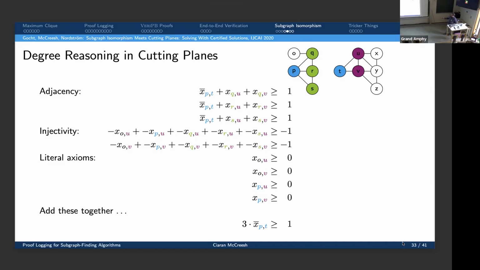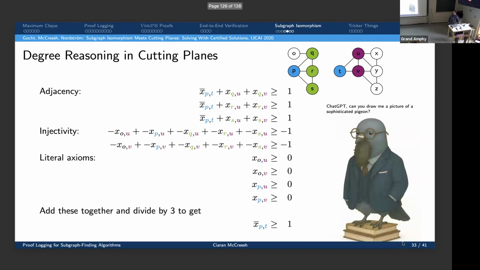We're going to take some literal axioms that I have sort of magicked up out of nowhere as to how I know which ones they are. And we're going to add these together. We get 3 times not xpt is greater or equal to 1. Divide by 3, not xpt is greater or equal to 1. So this is a sophisticated pigeonhole argument. We have to do a bit of work to uncover it.